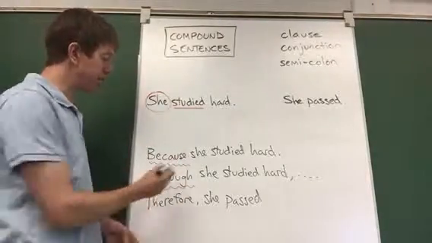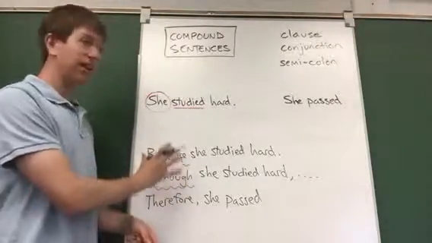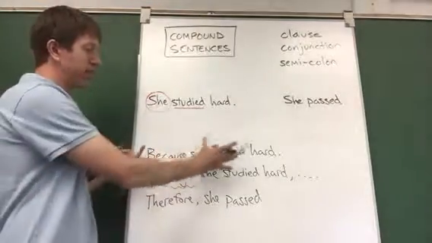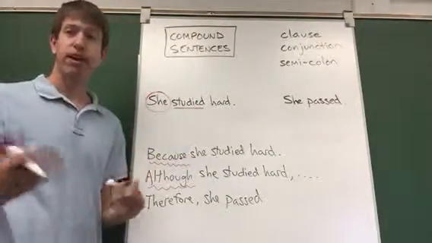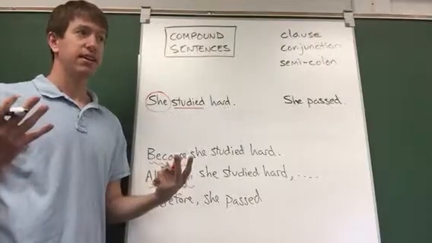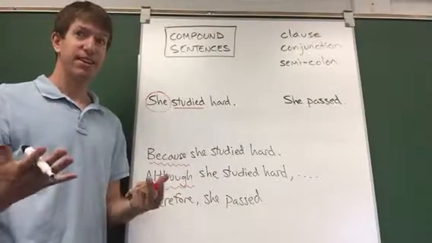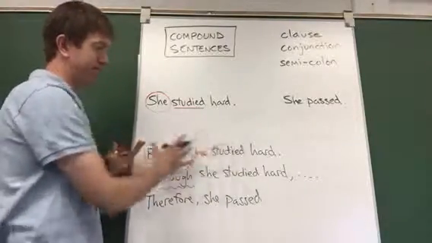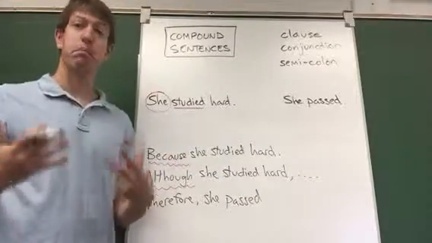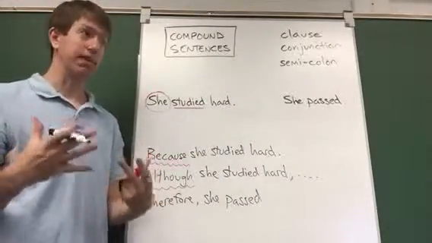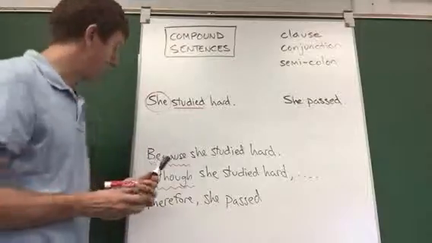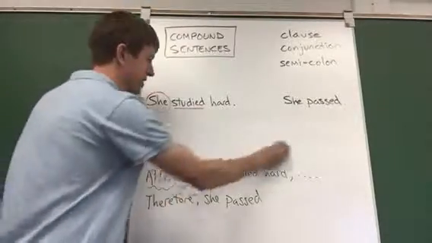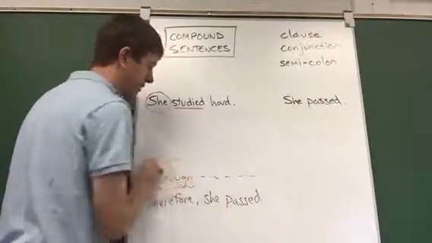But what you need to know is that there are some words that when they go on the front of clauses, they prevent that clause from making a simple sentence, from being a complete sentence. Okay? So let's just get rid of this for a minute.